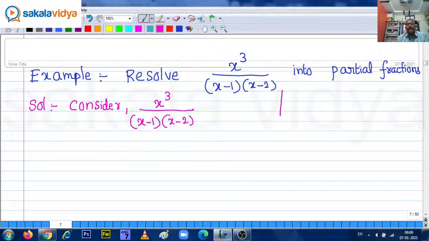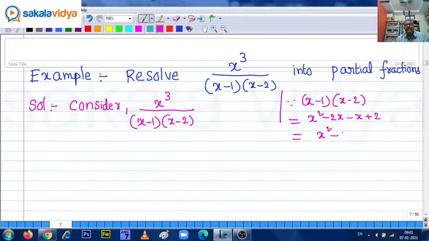Now let us find the product of x minus 1 into x minus 2. x into x is x square, x into minus 2 is minus 2x, and this will be minus x, minus 1 into minus 2 is plus 2. So this equals x square minus 3x plus 2. Now divide x cube by x square minus 3x plus 2. How to divide? Take x cube, simple division, by x square minus 3x plus 2.